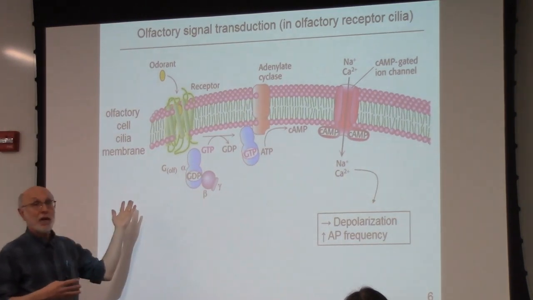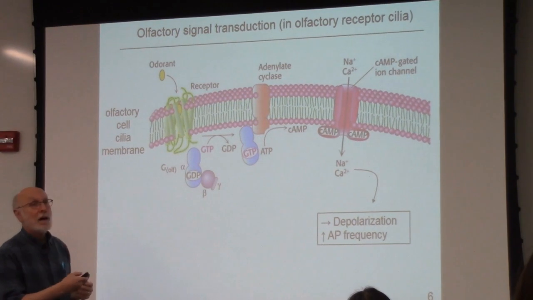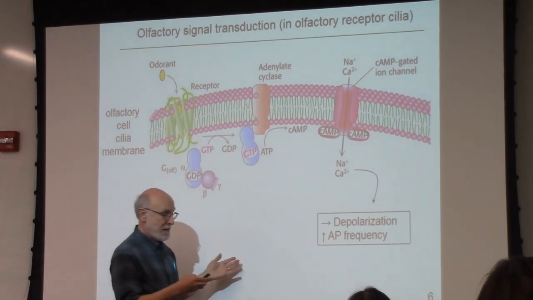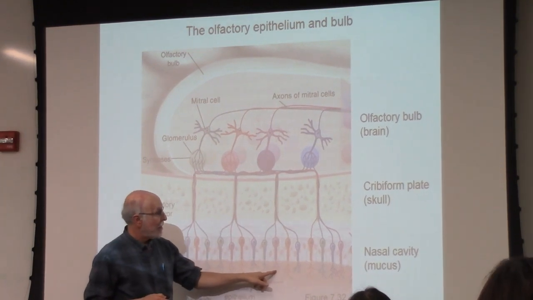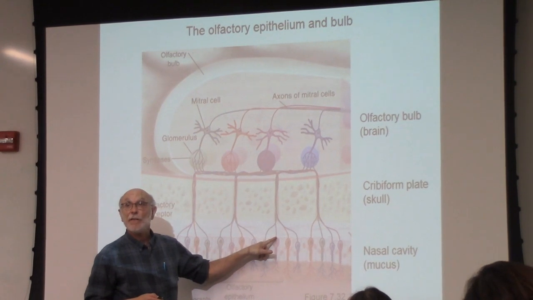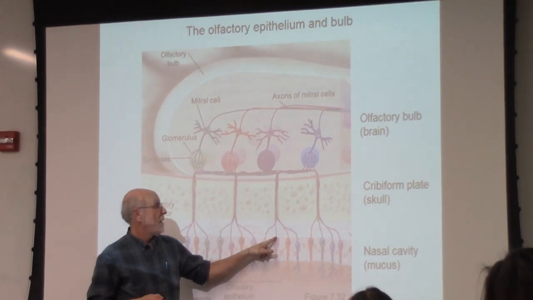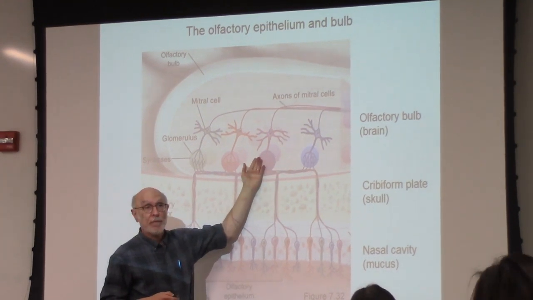We're not seeing the axon of the cell because this is a highly magnified cartoon of the cilia. But the depolarization of the cilia, depolarization of the cell body, depolarization of the spike initiation zone, activation of action potentials that propagate to the olfactory bulb.